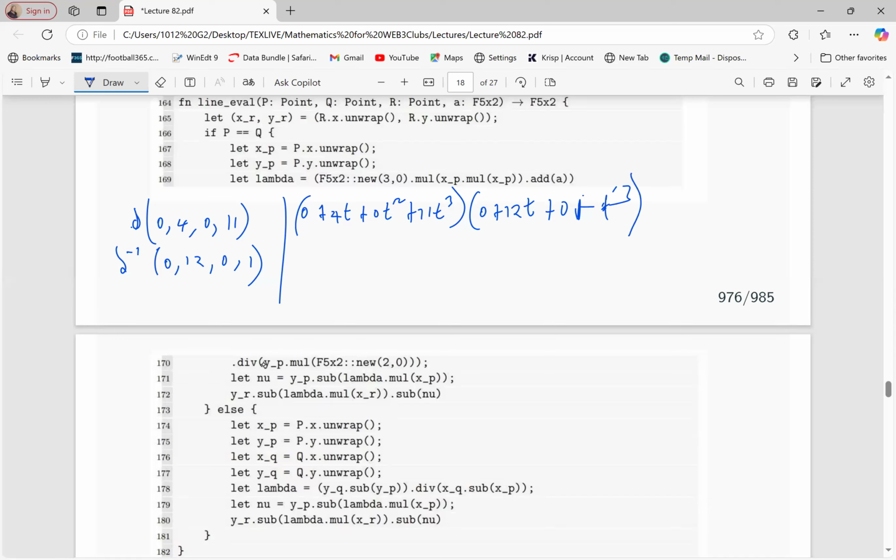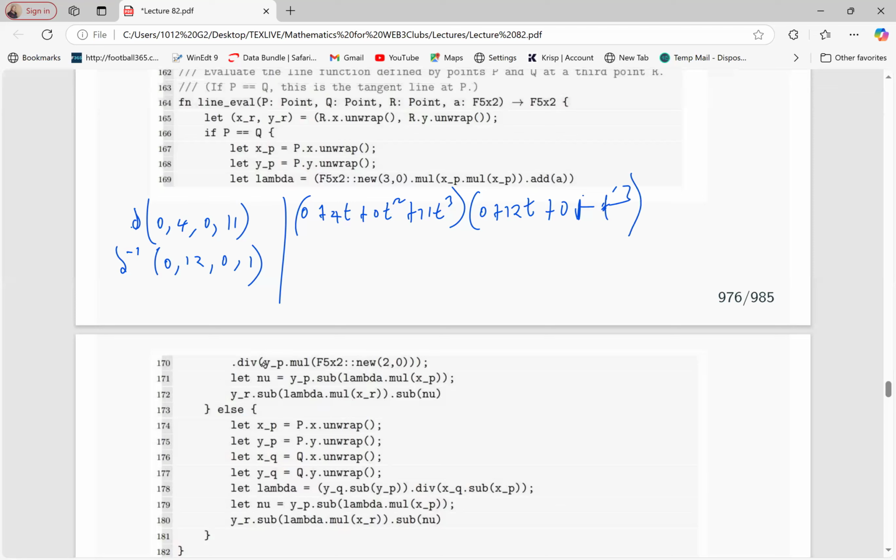And you want to see whether you can get 1. So you just multiply 0 by all this, 0 by all that to give us 0. Then what about 4 by all this?